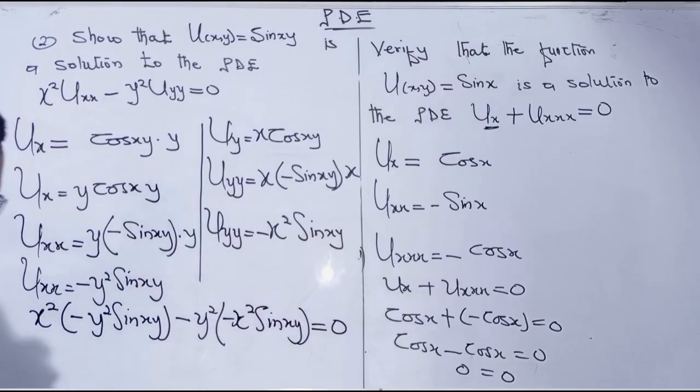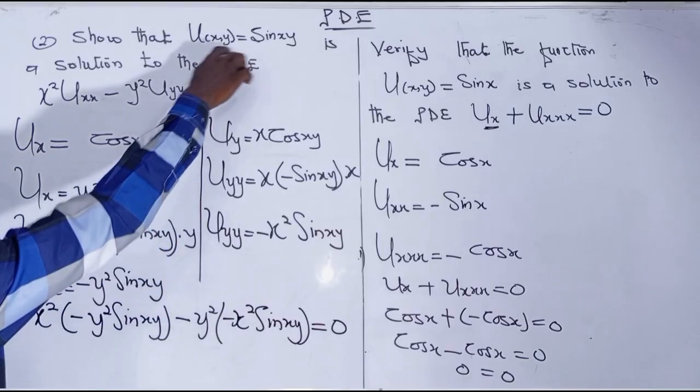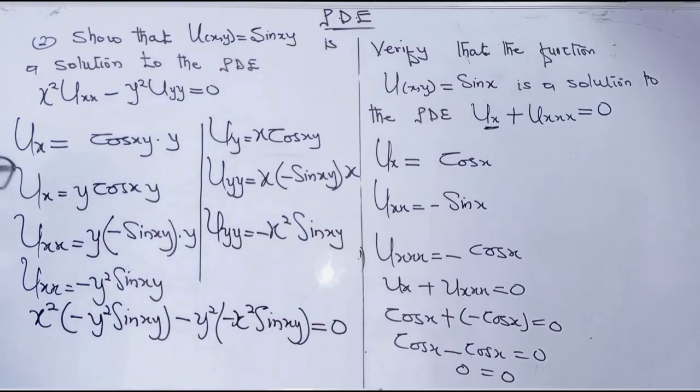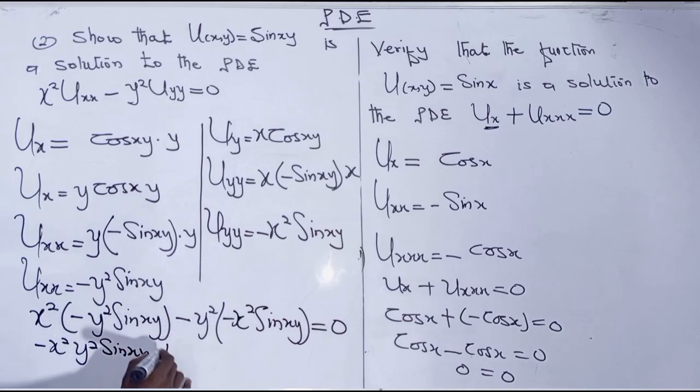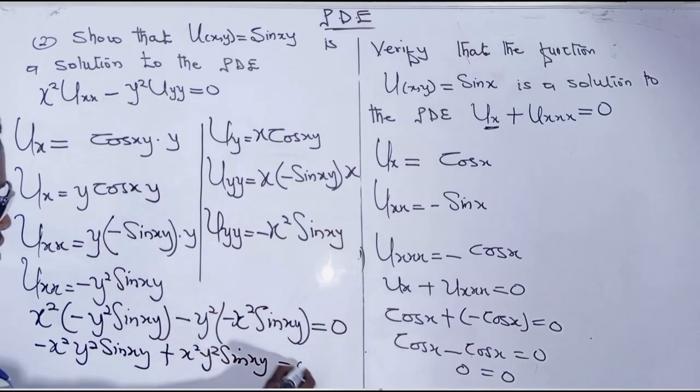0. So we are going to check if what is on the left hand side will give us 0. If it gives us 0, then we can say that this function is a solution to the PDE up there. So from here, we can see that this and that will give us minus x squared y squared sine xy. And again will give us plus x squared y squared sine xy is equal to 0.